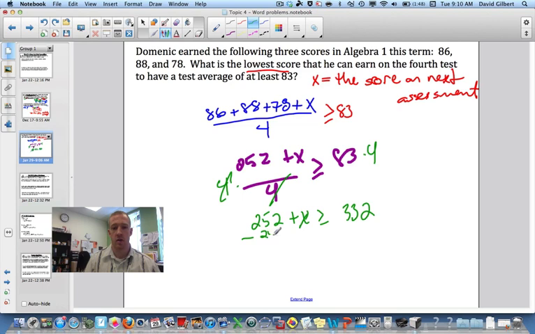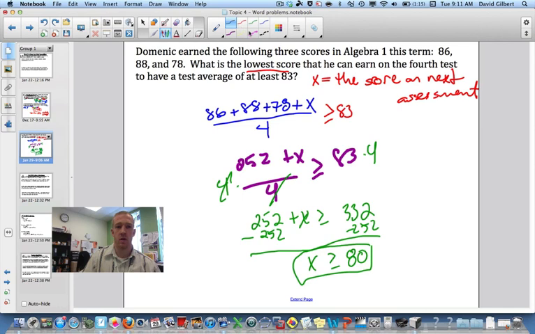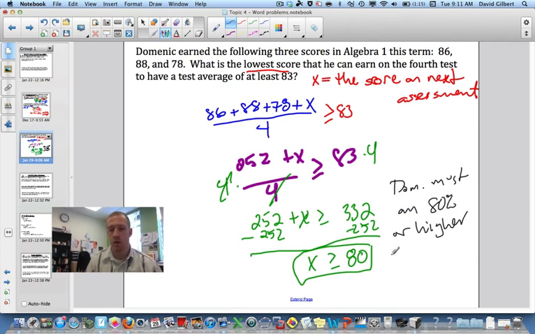So subtract this, and we get x is greater than or equal to 80. So what that means is Dominic must get an 80% or higher to average an 83.